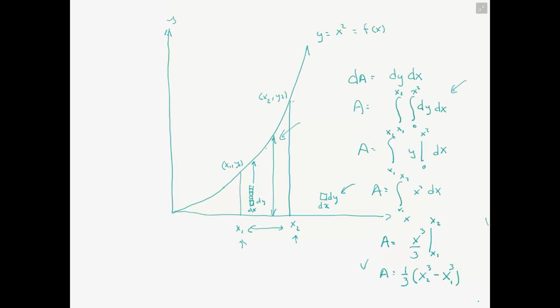That's basically the way to think of integration, especially when you're thinking in 2 dimensions, like areas. Areas is 2 dimensions. Volumes, 3 dimensions. When you're thinking of areas, you think in terms of dy dx.